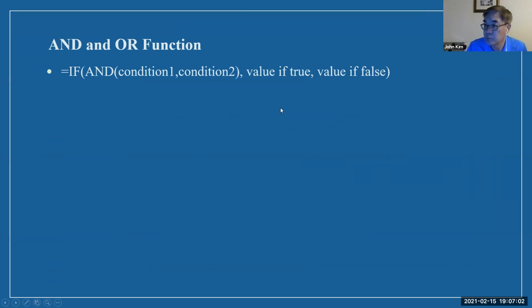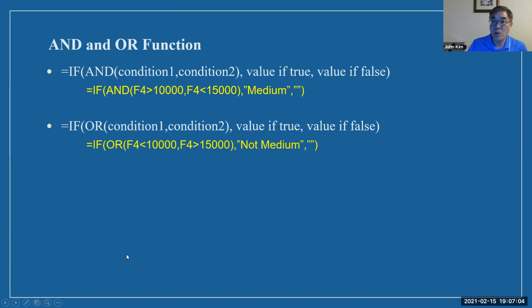Change it. So the OR function: if order quantity is less than 10,000 or greater than 15,000, not medium, otherwise blank. Or we can type other, like the earlier one.